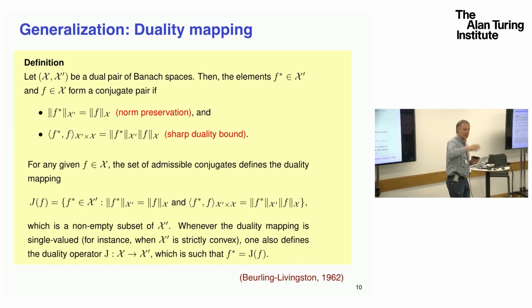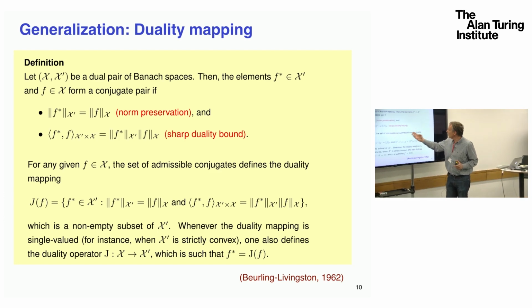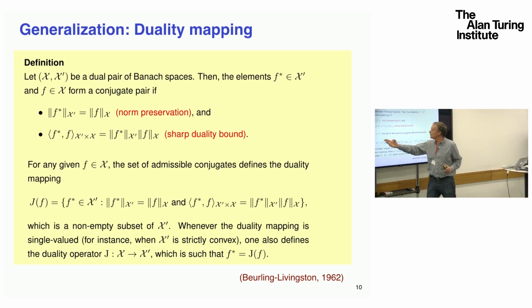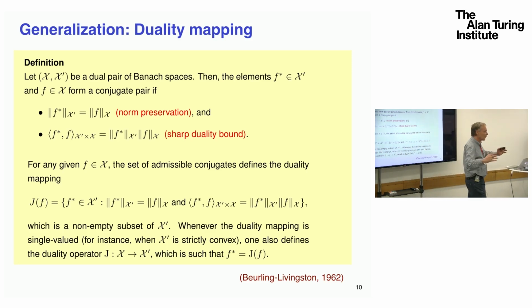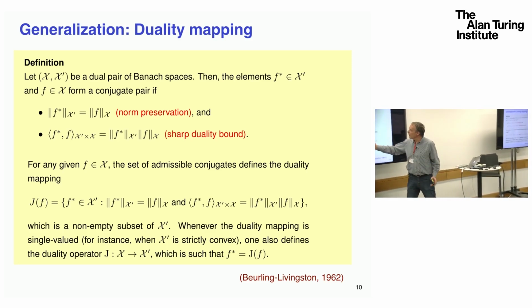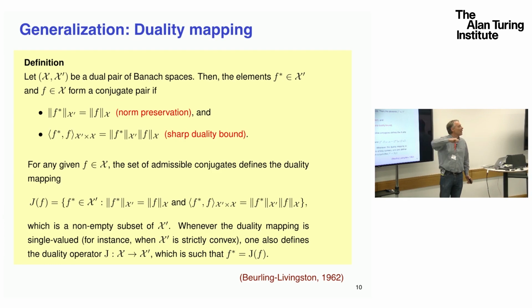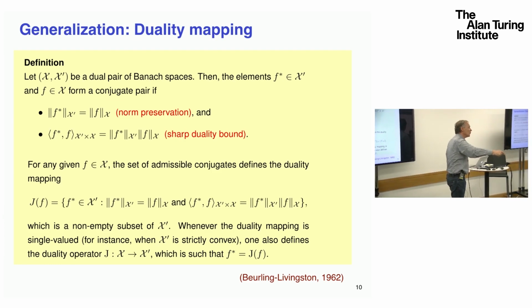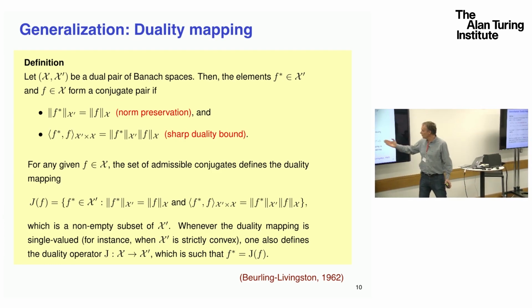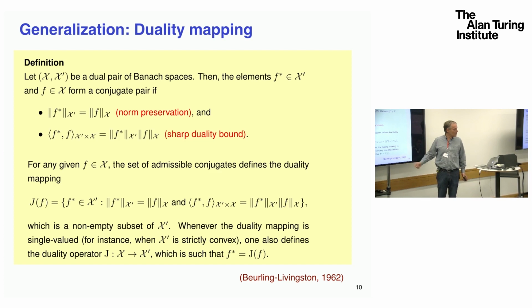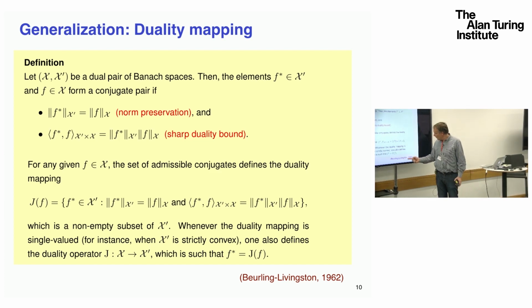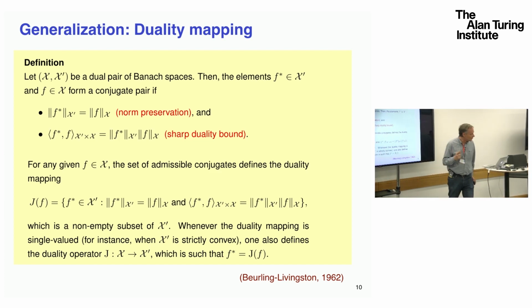There can be a whole collection of them, and those define the duality mapping. So I will say G of f is just the collection, a set of all the elements in the dual space that have the same norm and saturate the duality inequality. Now, that was introduced by Beurling and Livingston in 1962.